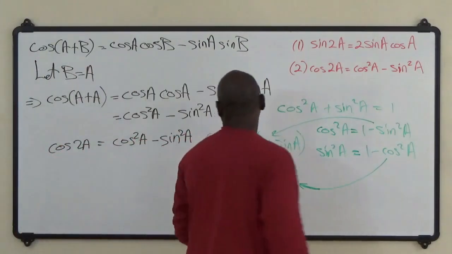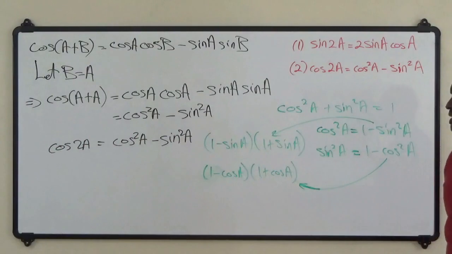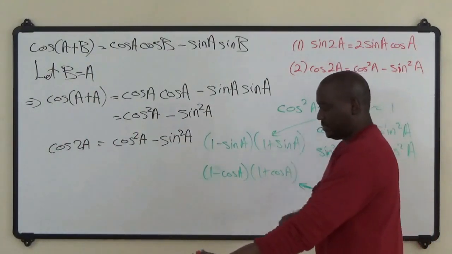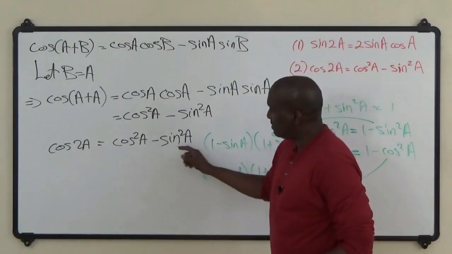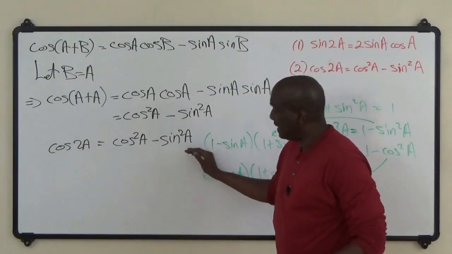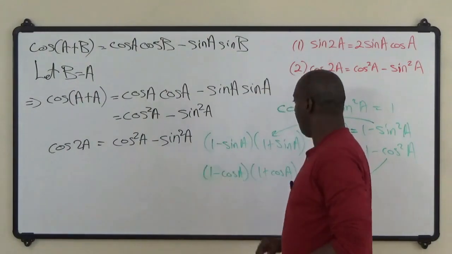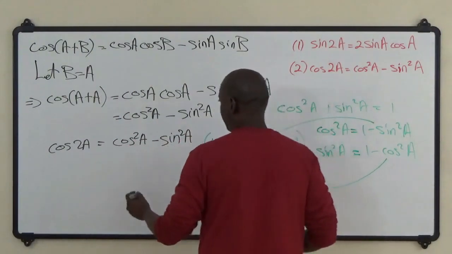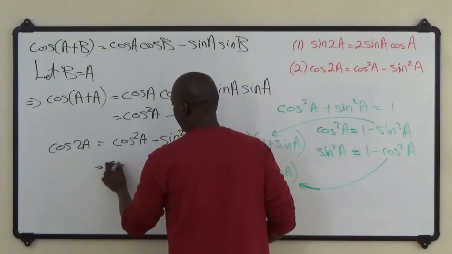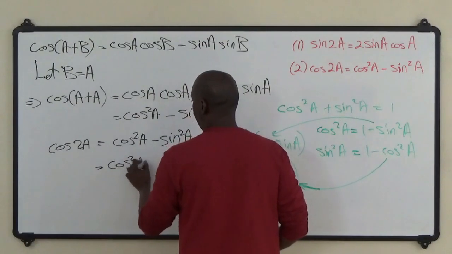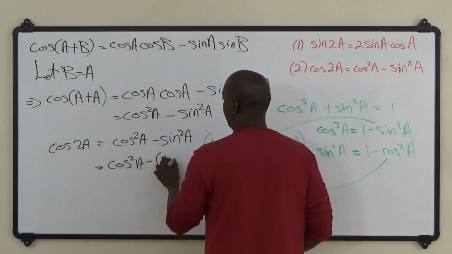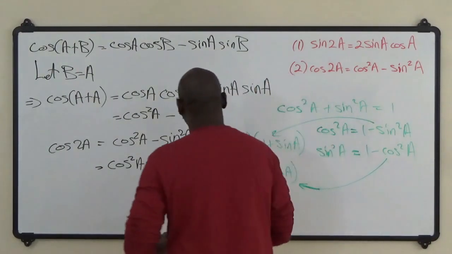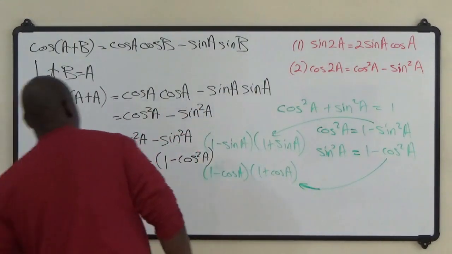If we want to express cos 2a in terms of cos a alone, what we do is substitute for sine squared a in this equation. All right? So we say then that the cosine of 2a is equal to cos squared a minus, brackets, 1 minus cos squared a.